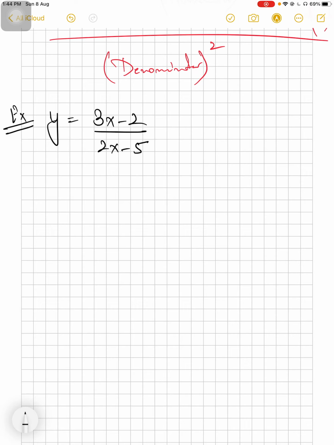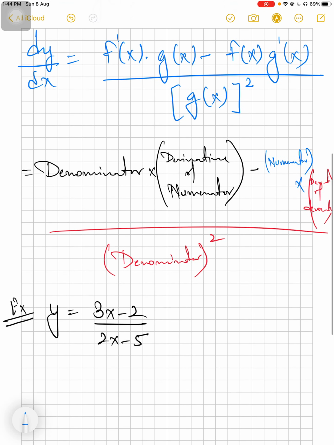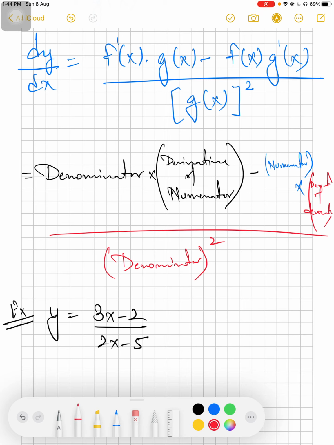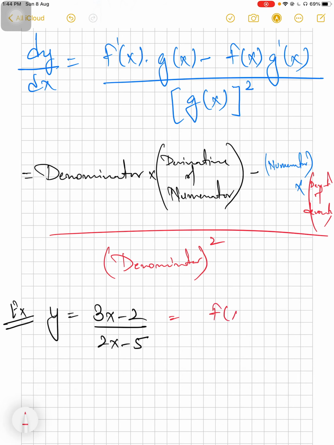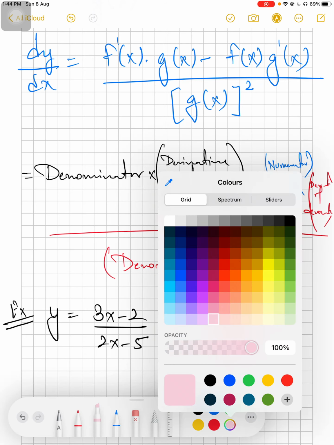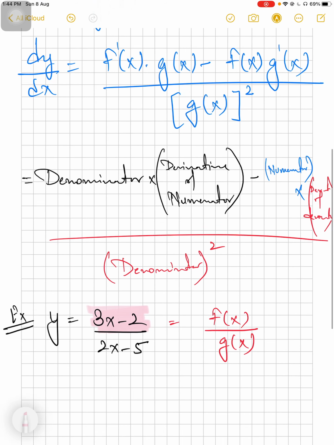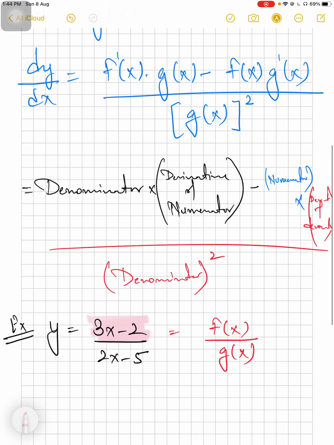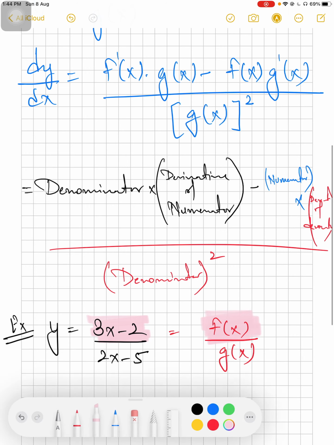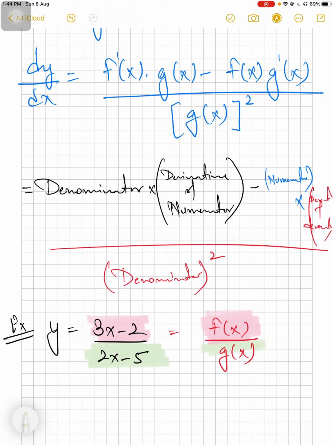Now this is my function, so applying my rule, this is my f of x divided by g of x. So for a better understanding, 3x minus 2 is our f of x, and 2x minus 5 is our g of x.